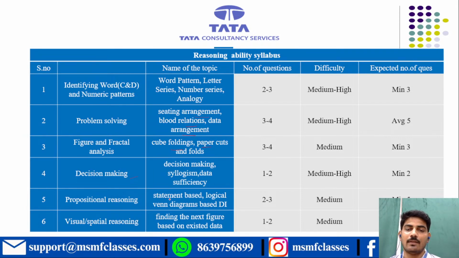We also have questions based on statements, logic, and finally visual or spatial reasoning, that is figure folding and series type questions. So these are the question weightages. You can take a screenshot of that to get clarity on how many questions are asked in each topic.